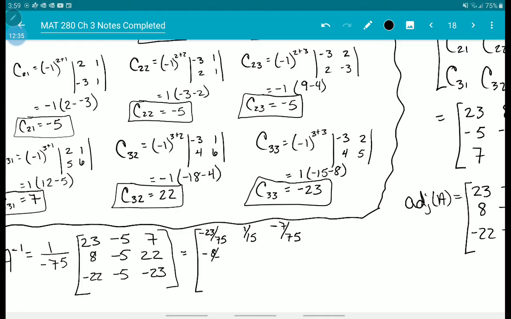Negative 8 over 75. One over 15. Negative 22 over 75. Positive 22 over 75. 1 over 15. 23 over 75. So there's our inverse matrix.